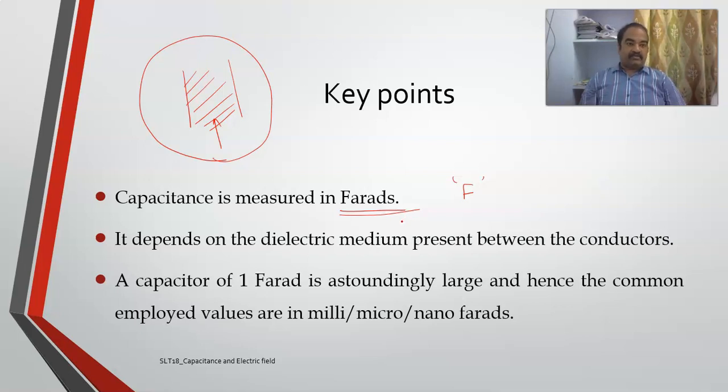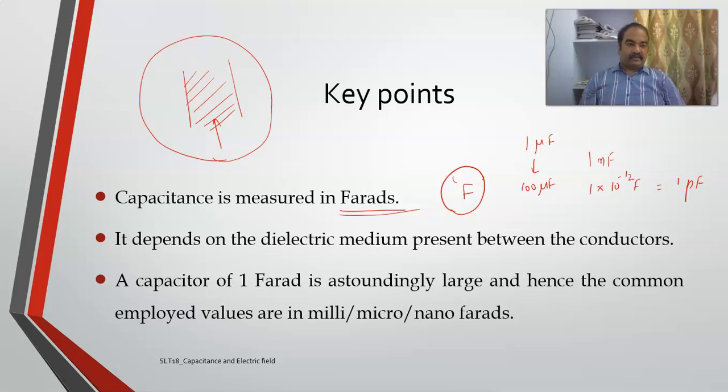So practically you find capacitances of 1 nanofarad, or 1 into 10 to the power of minus 12 farad, which is 1 picofarad. At most you can find 1 microfarad and hundreds of microfarads, but you don't find a 1 farad capacitor because it is very large.